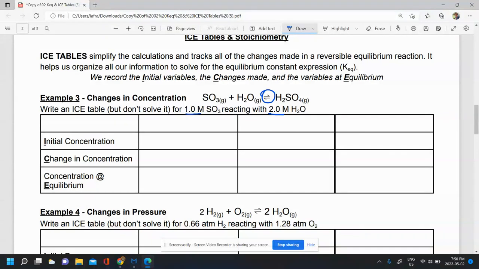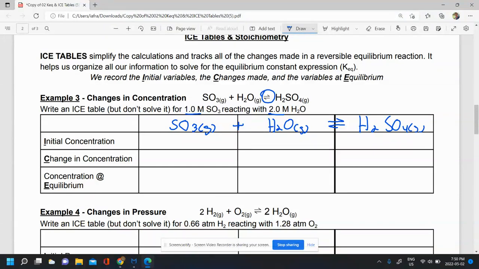And so we're going to set up an ice table in order to keep track of the concentrations of the various substances in the reaction over time until it reaches equilibrium. So on the top row, we're going to write the reaction out. So SO3 gas plus H2O gas, then our double arrow there, H2SO4 gas.